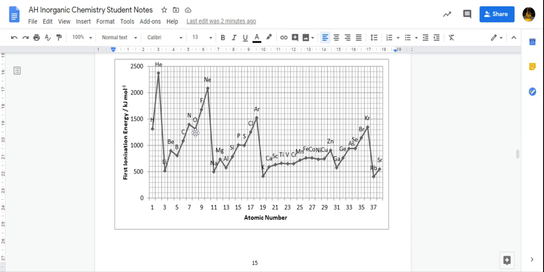With nitrogen and oxygen, the electron arrangement of nitrogen is 1s2, 2s2, 2p3. Oxygen is 1s2, 2s2, 2p4. Now what nitrogen has that's unusual, and gives it a special stability, is a half-filled subshell.